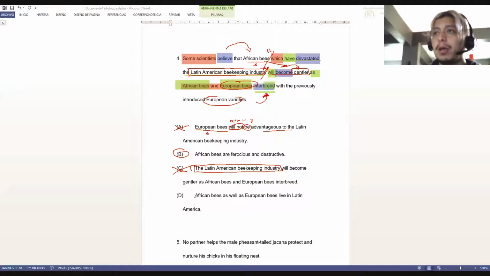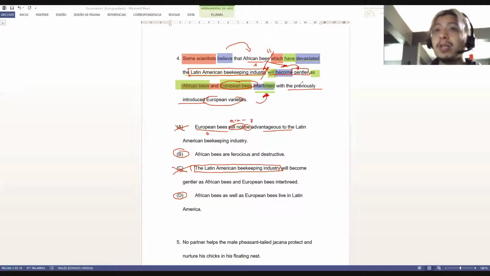Okay? D, African bees as well as European bees live in Latin America. I think this is true. African bees devastated Latin America. So that means that they are in Latin America. They live here and they devastated the beekeeping industry. And it says, when they interbreed with the previously introduced. What is the meaning of previously introduced?